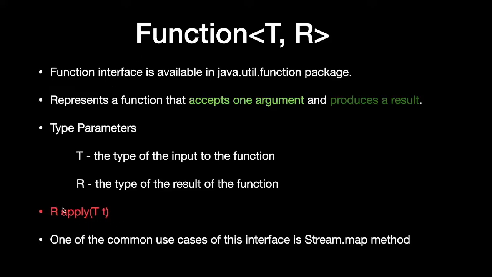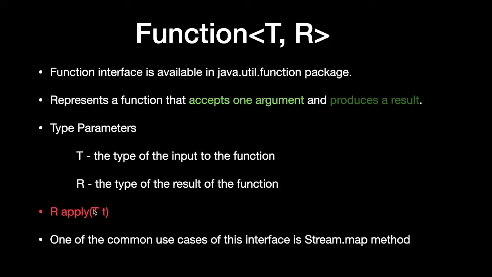Now, this Function interface is available inside the java.util.function package, and it accepts one argument and produces a result. If you see, this apply method is taking one argument as T. T means the type of the input, whatever input you are providing. For example, if you are sending the input as a String, then here the type will be String.